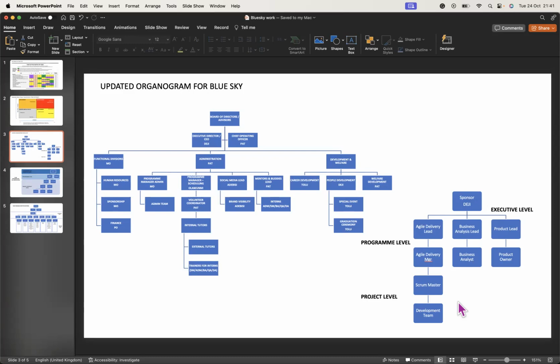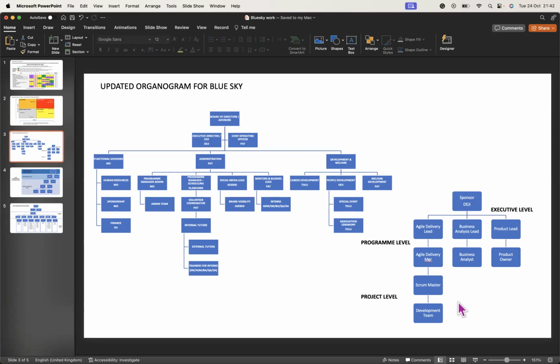On the program level, other scrum masters would report to them. I've seen a delivery manager that the product owner reports to, the scrum master reports to, the analyst reports to. So it varies.